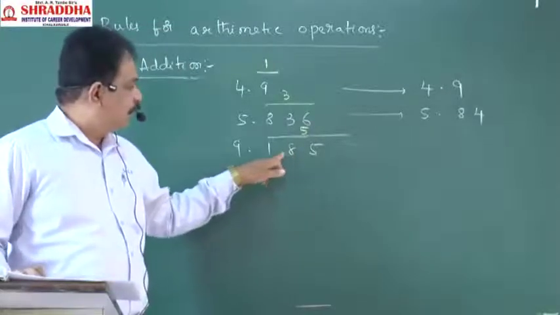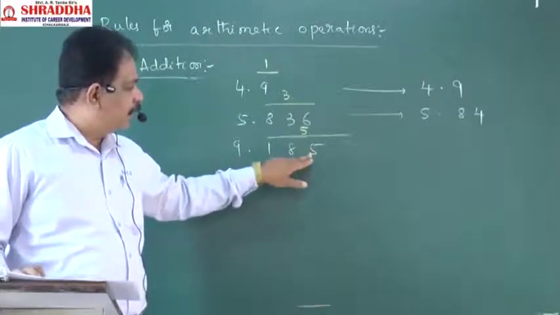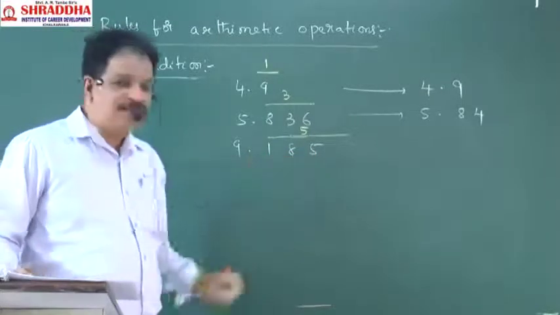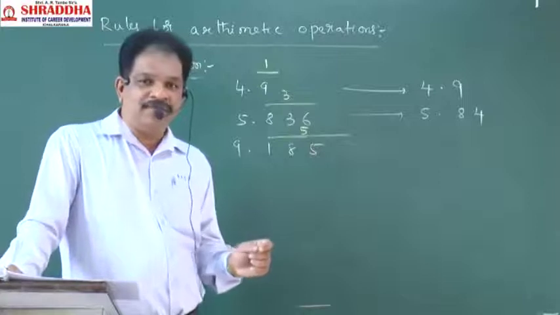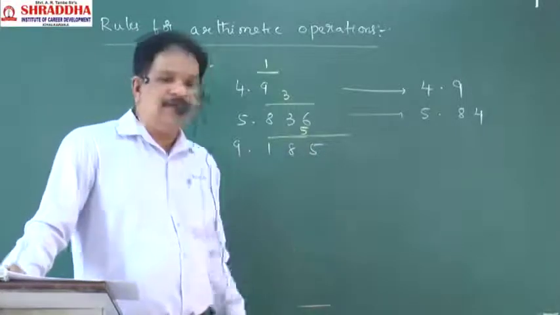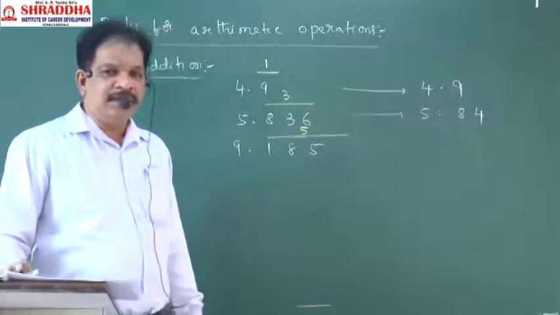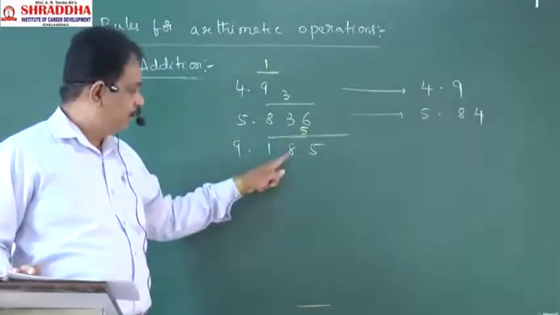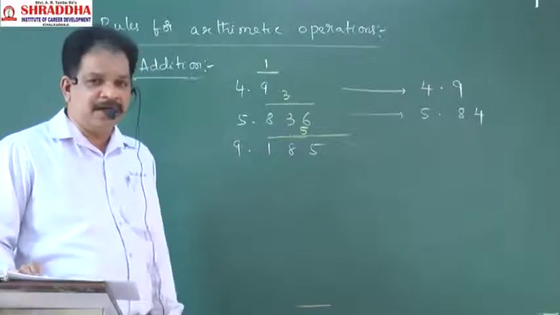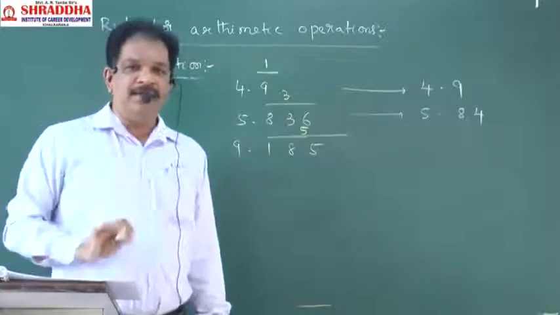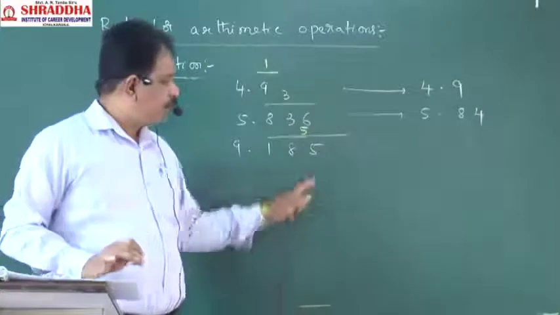Now 3 are there, discard 5. If the discarding digit is 5 and the preceding digit is even, no need to change the preceding digit. If the preceding digit is odd, it will be increased by 1. Okay?